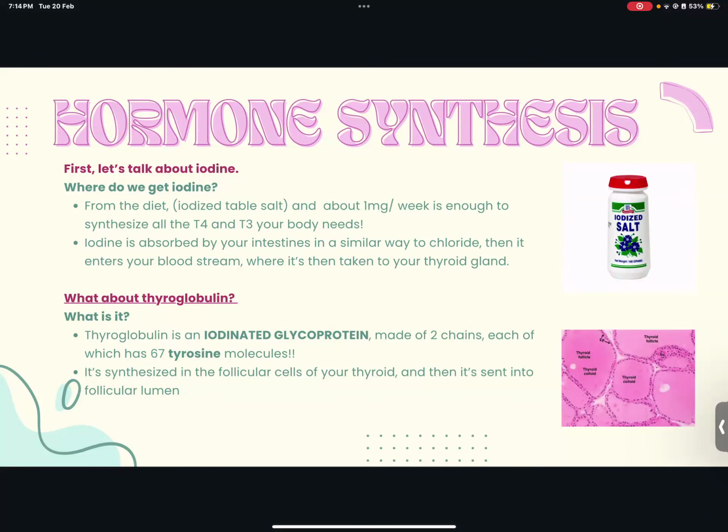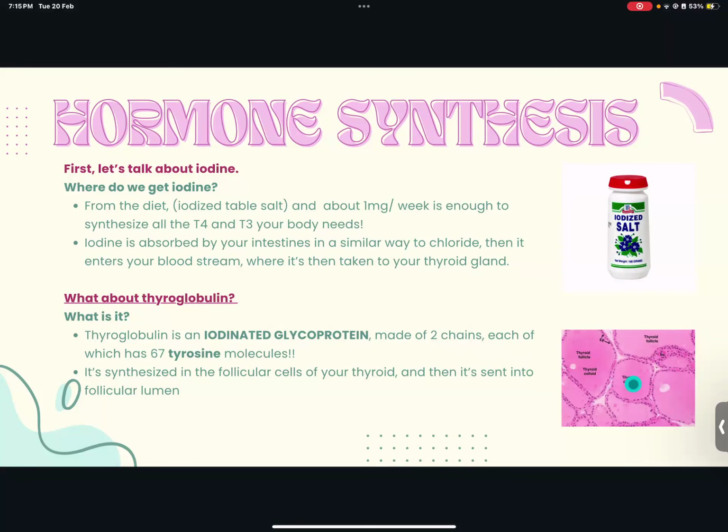What about thyroglobulin? What is thyroglobulin? Remember how I showed you the histology slide, where you have the lumen of the follicle and you have thyroid colloid, or in other words, thyroglobulin inside. It's basically just a glycoprotein that has a bunch of iodines on it. It's a glycoprotein with 2 chains. You don't have to know this because it wasn't in your slides, but it's just there for the sake of your understanding.